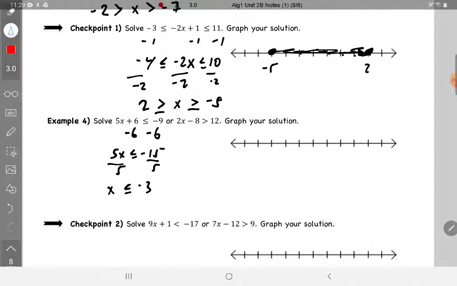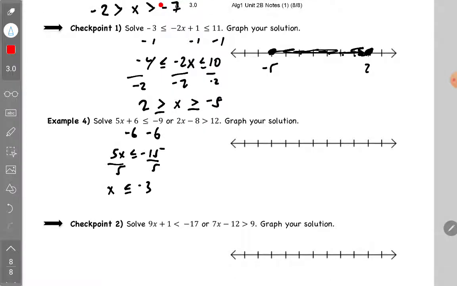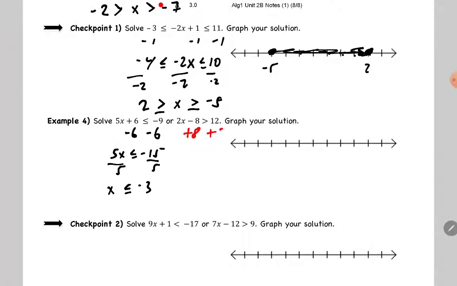So next, the next problem here, 2x minus 8 is greater than 12. Add 8 and get 2x is greater than 20. Divide by 2 and get x is greater than 10.